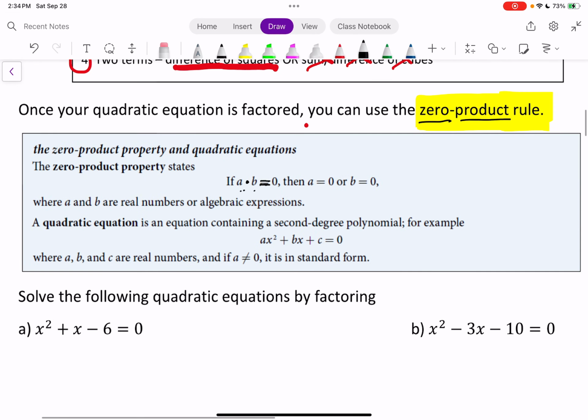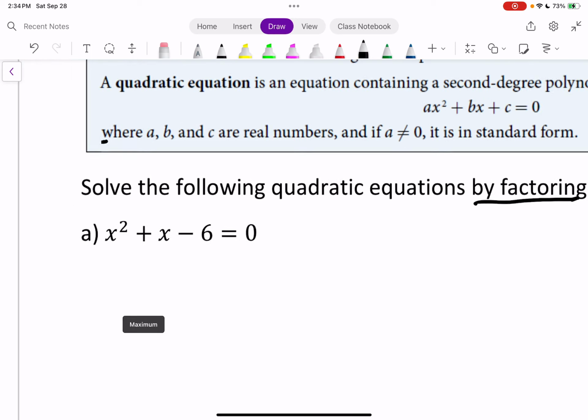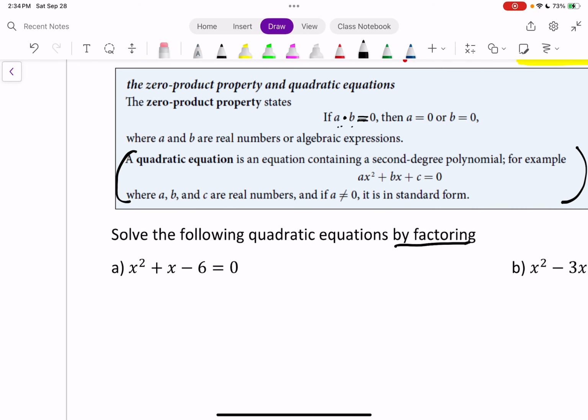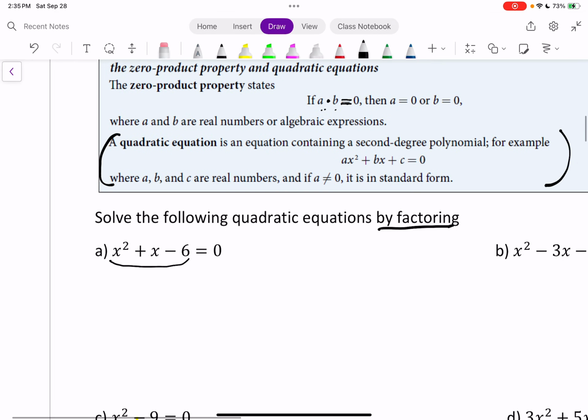so here it is. We already talked about what a quadratic equation is. Solve the following quadratic equations by factoring. And that's because you can factor. So to solve a quadratic equation, 2 things must happen. It has to have all the terms on one side of the equal sign, and on the other side, it has to equal 0.